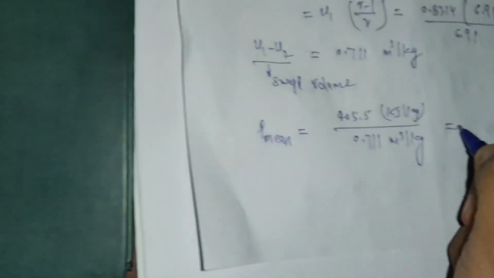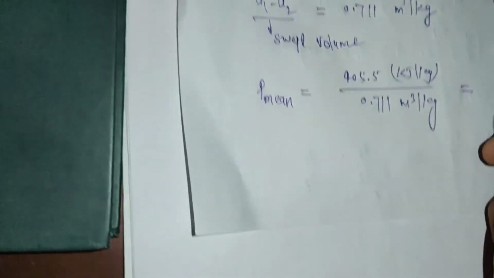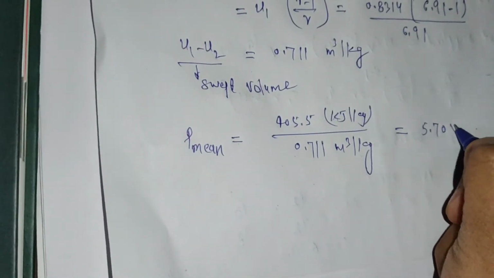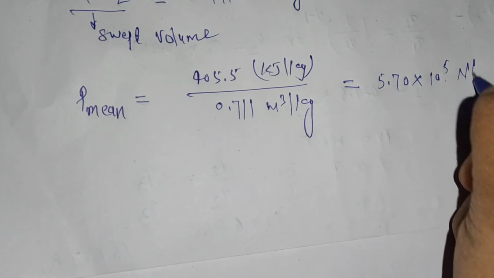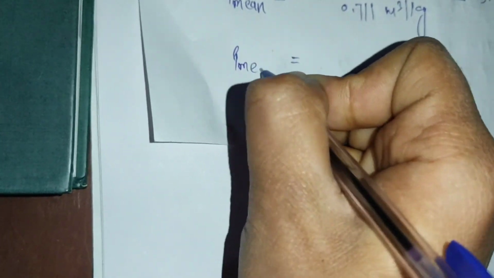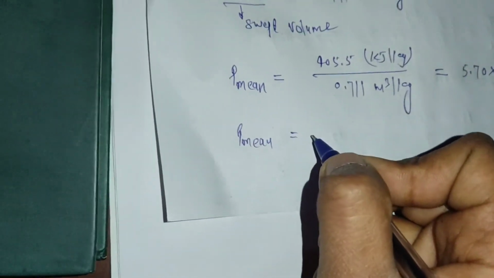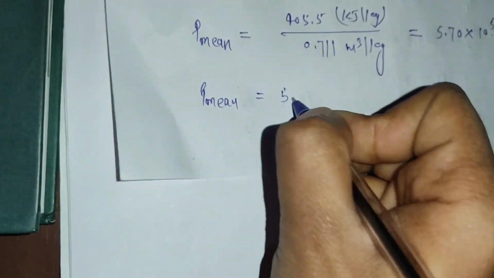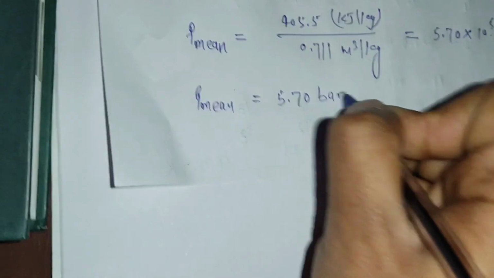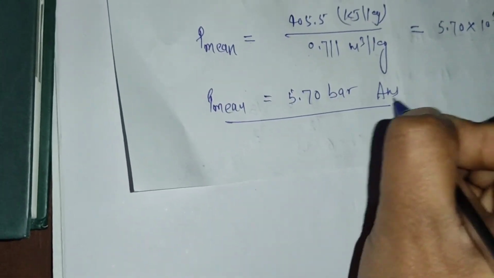So this value will be equal to 5.70 into 10 raised to the power 5 Newton per meter square, or mean effective pressure will be equal to 5.70 bar. So this is our answer.